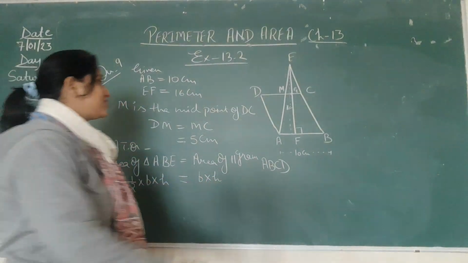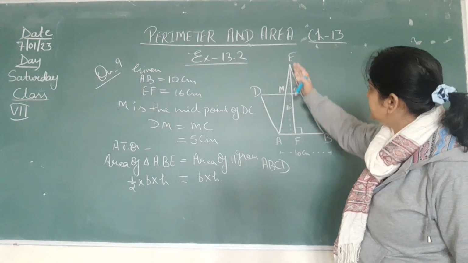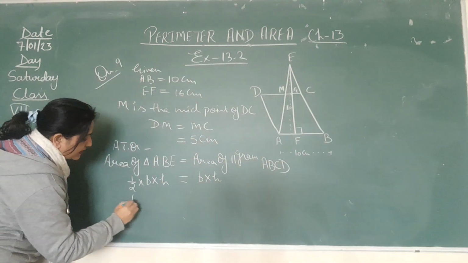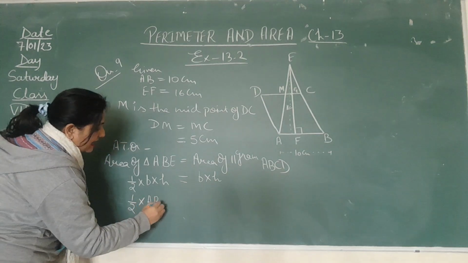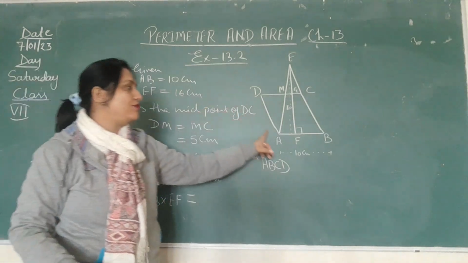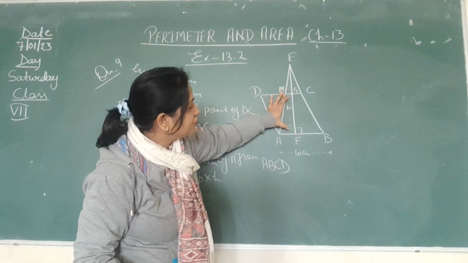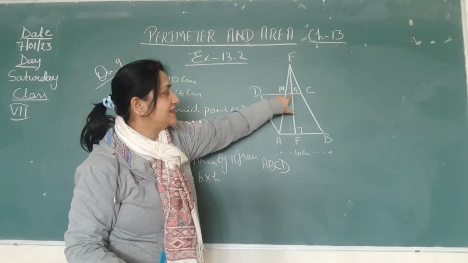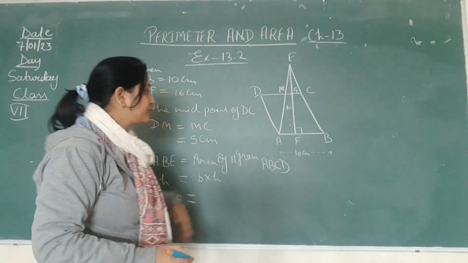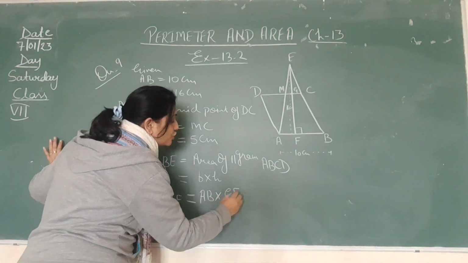Now see, in this triangle ABE, the base is AB and the height is EF. So I am going to write the values: 1/2 base, AB, and height EF is equal to, and in this parallelogram, when you take AB as a base, then your height is GF. I will name this point G. So GF is the corresponding height of this parallelogram. So AB into GF, which you have to find out.